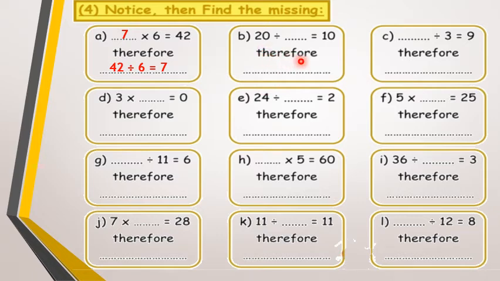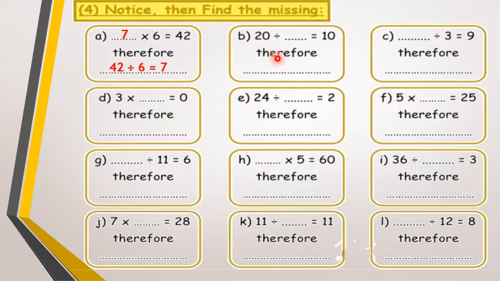20 divided by what will be 10? This is the opposite of this. This means that 10 multiplied by a number will be 20. Because 20 has two factors, one of them is 10, and I must know the other factor from the multiplication facts of 10. So I will search in table 10 for what gives me 20.